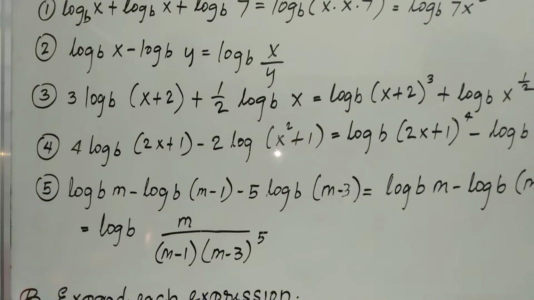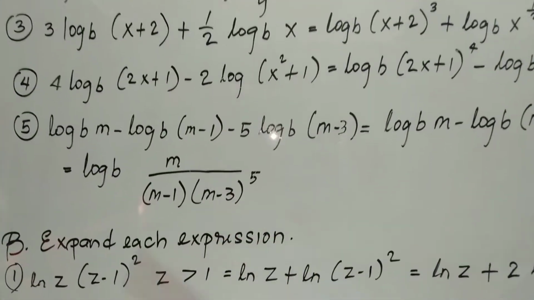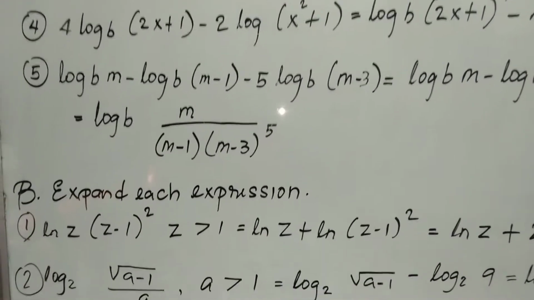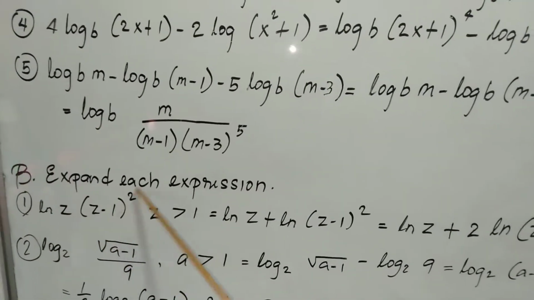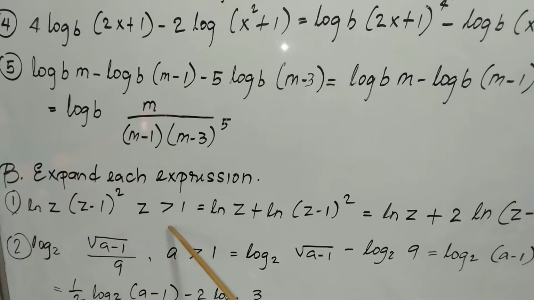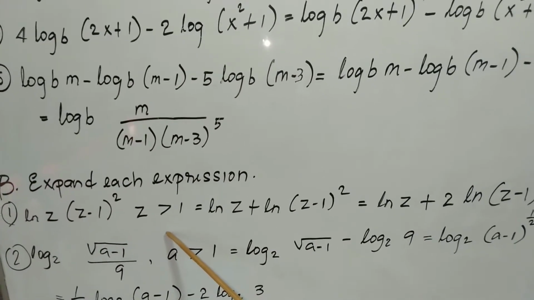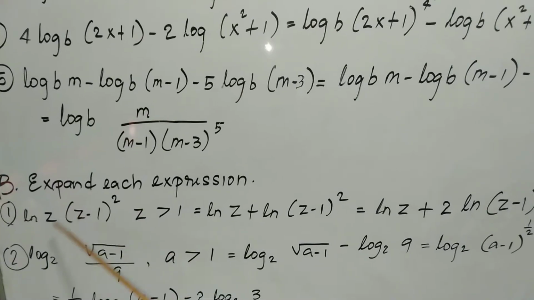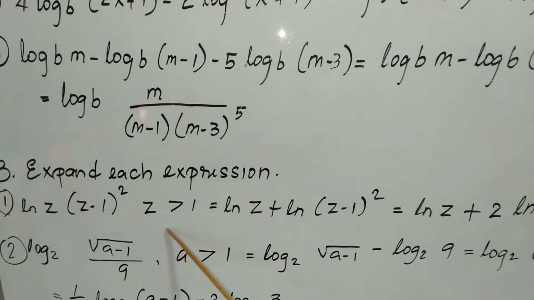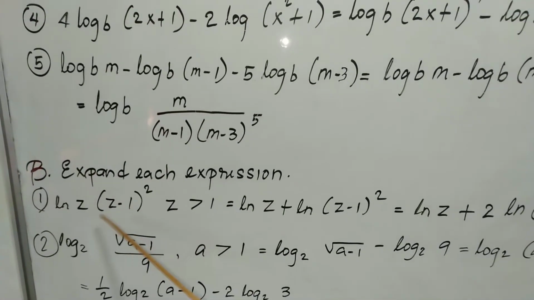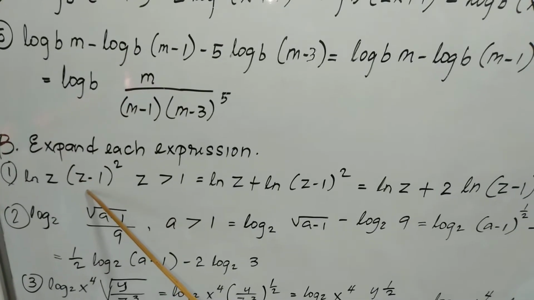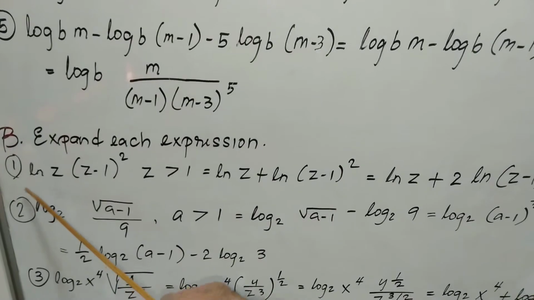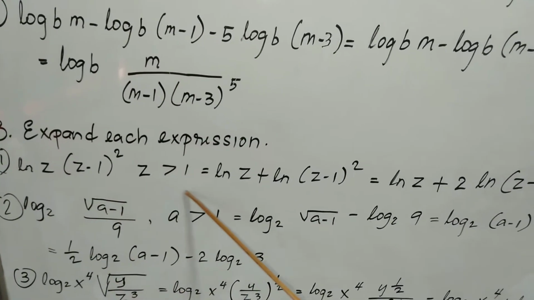For part b, expand each expression. We are given natural log of z times the quantity z minus 1 squared, where z is greater than 1, because you don't have a logarithm of a negative number. If this one is not greater than 1, it's less than 1, so if this becomes negative, it is not allowed because we don't have any logarithm of a negative number.